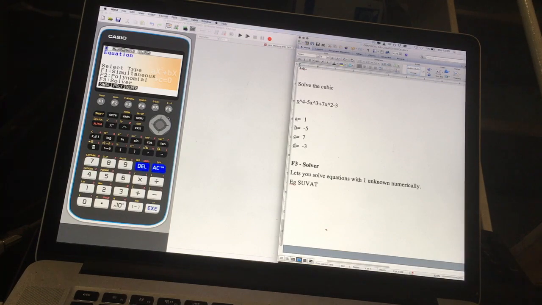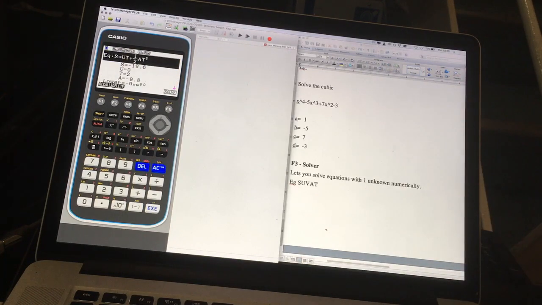So if you try solver, I've typed in one of our Suvat equations, s equals ut plus half at squared. And the way I did that is literally typing it in with letters. This might take a while. If you guys want to try too, type in that equation, S equals UT plus half AT squared.